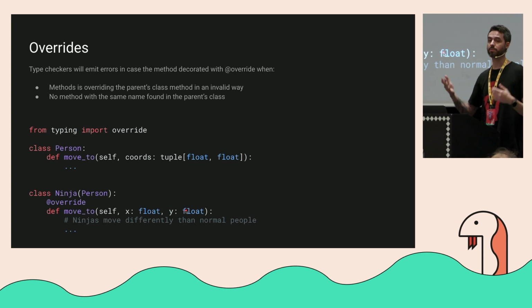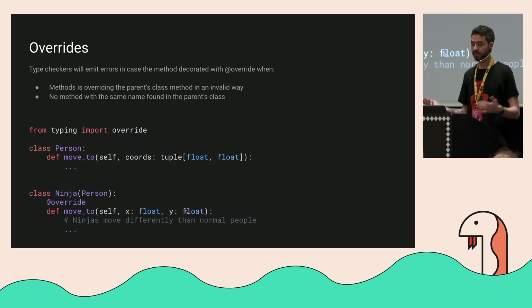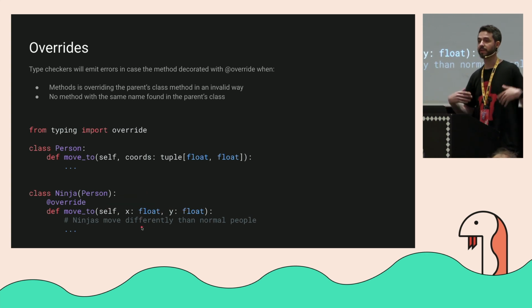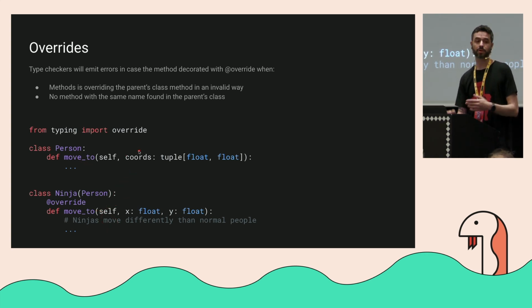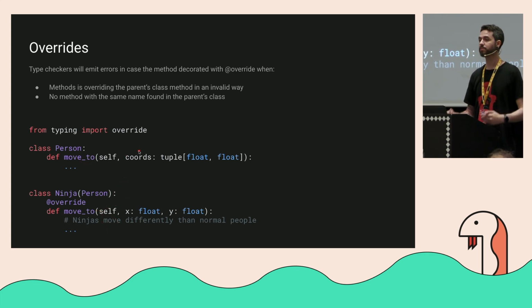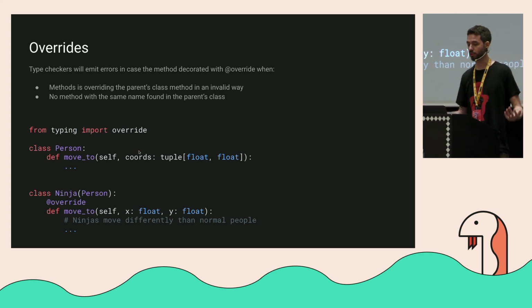So that will tell the type checker, please let me know if I am actually overriding something. So if move to gets removed, it's going to say, oh, you are not overriding anything, don't do that. Or if the signature gets changed in a way that it's incompatible now, it's also going to alert, oh, this is incompatible, also don't do this.